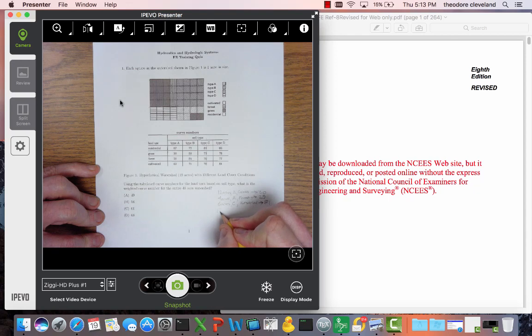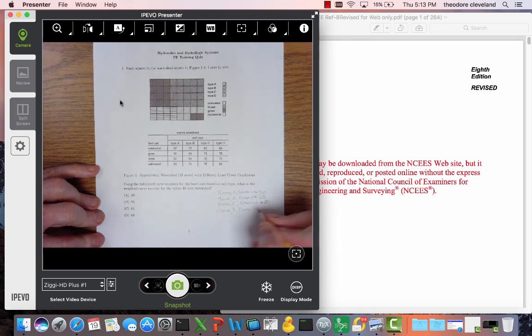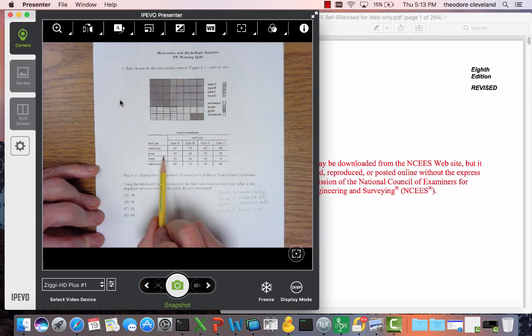We have 12 acres, type B, and now we only have to figure out what kind of thing it is. That's forest. It's a little lighter than the grass. So 12 acres of B forest is 55.